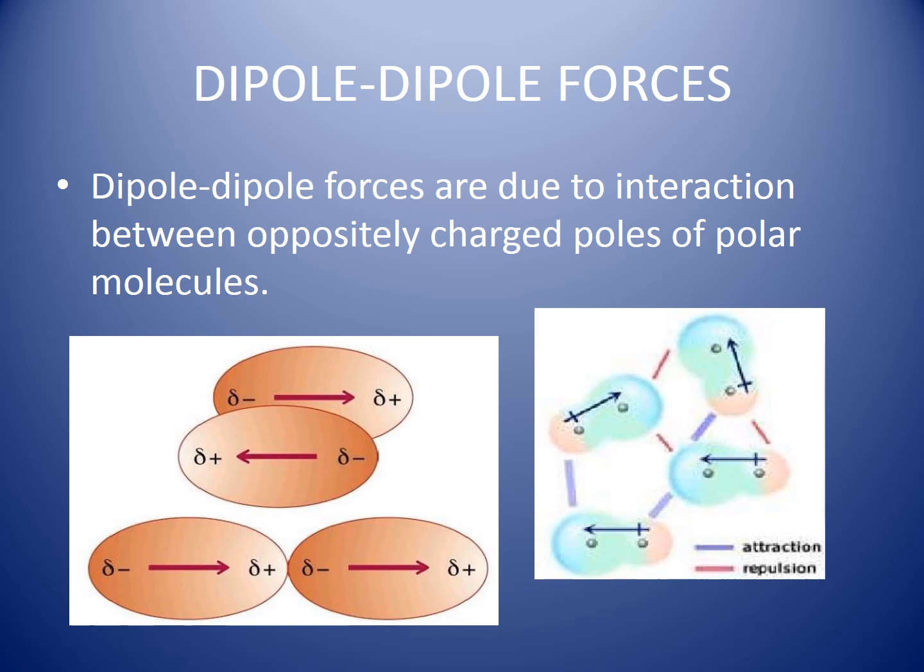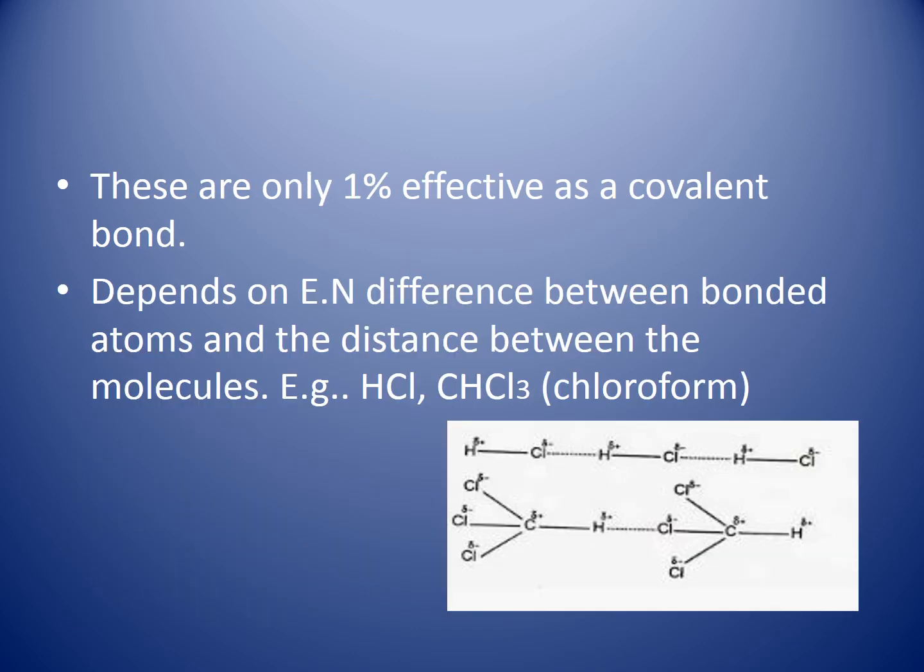They are only 1% effective as covalent bond. They depend on the electronegativity difference between bonded atoms and the distance between the molecules. These are present mostly in HCl molecules and in chloroform molecules.